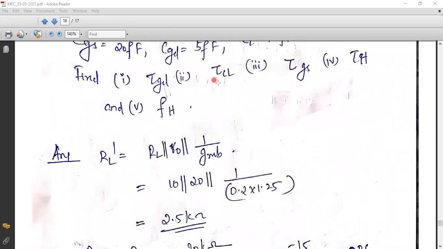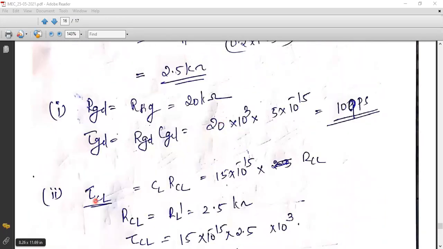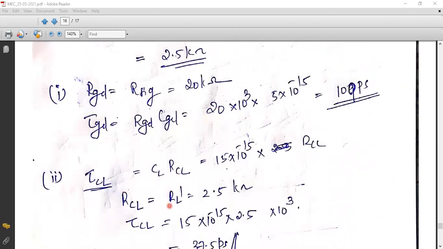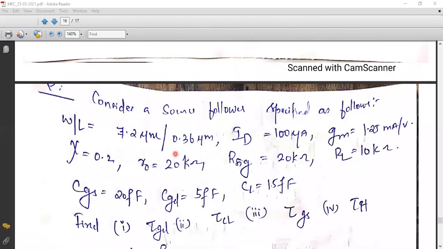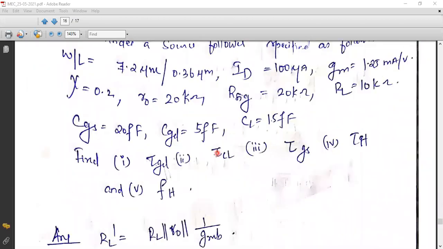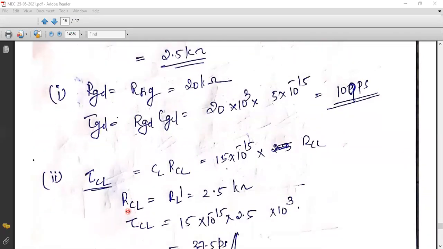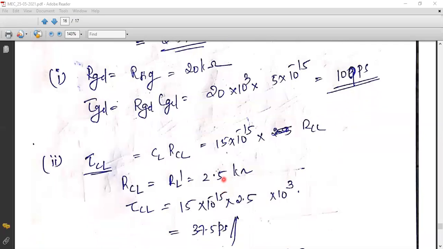Now we will go with the second question, tau CL. To find tau CL, we need to find RCL. So what is RCL? According to our analysis, RCL is simply RL dash. So whatever we got the answer for RL dash, that will be taken for RCL also. Now multiply those RCL with the respective capacitor CL. CL is 15 femtofarad.